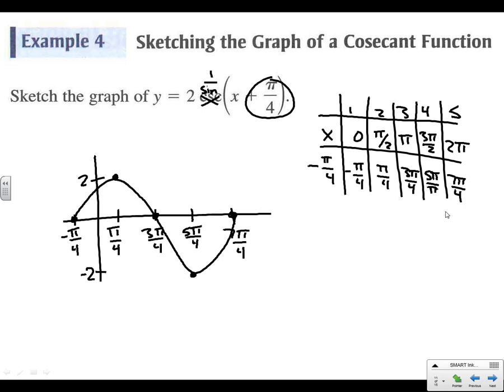Okay. Now, green, hopefully the green will work, is going to be our final graph for cosecant. Anywhere we have a value of 0 becomes an asymptote. So everywhere my graph crosses the x-axis, I create a vertical asymptote. Then, so that's 3 of my important points.